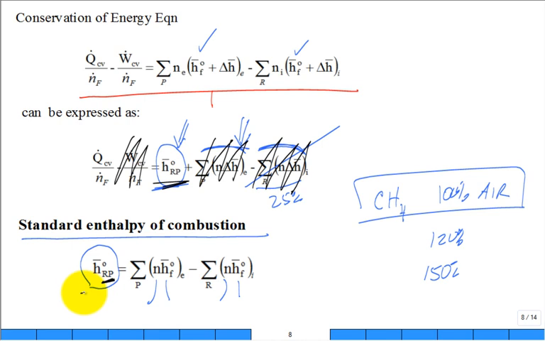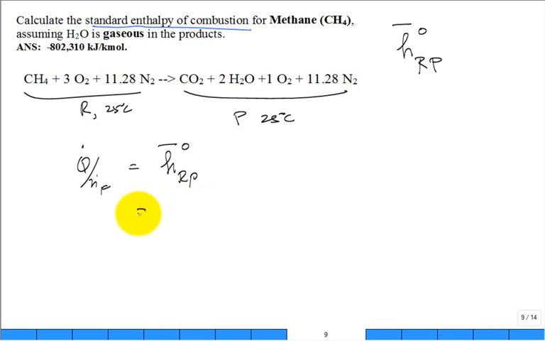And so there's a formula again: sum over the products of the stoichiometric coefficient times the standard enthalpy of formation, minus the sum of the stoichiometric coefficient times the enthalpy of formation over all the reactants. Now, if you take a look, the enthalpy of formation of oxygen is 0.